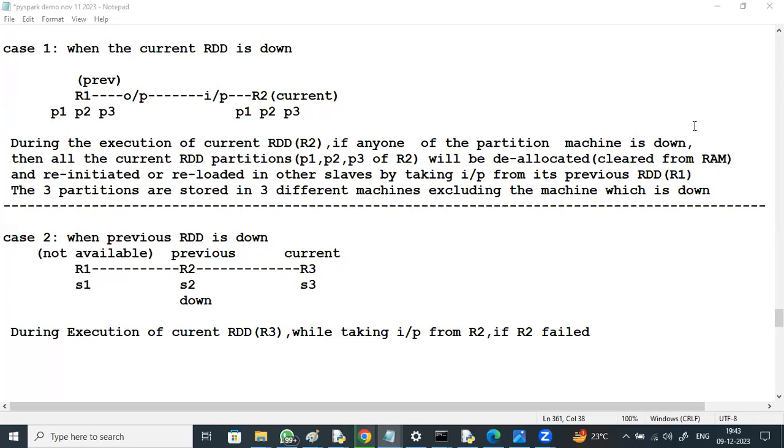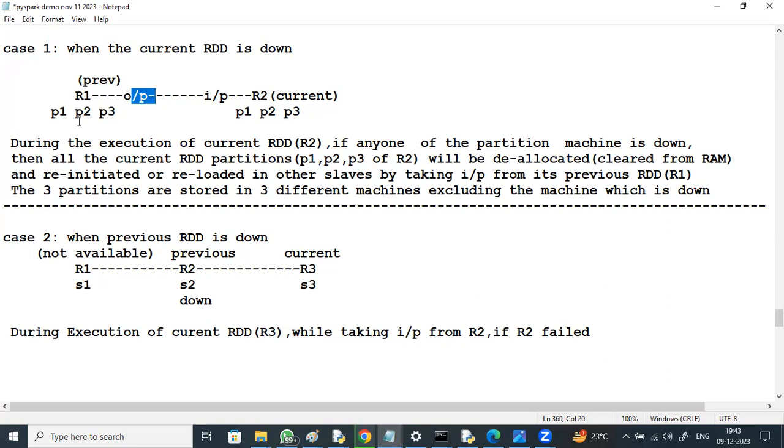Because I just converted all the records' city to uppercase. So the same number of records, the same number of partitions will be there in R2. Are you getting my point? If R1 output is 1 lakh records, 1 lakh records only you need to get. P2 partition's 20,000 records, you cannot get from R1, I'm saying.